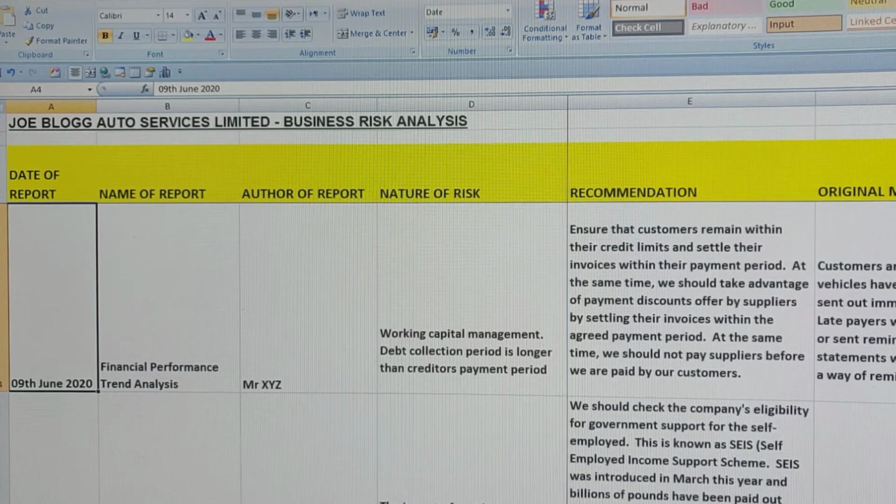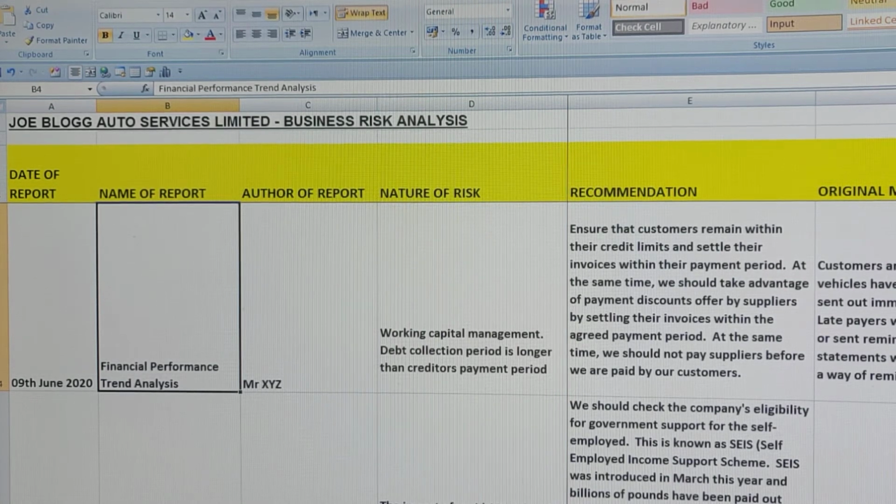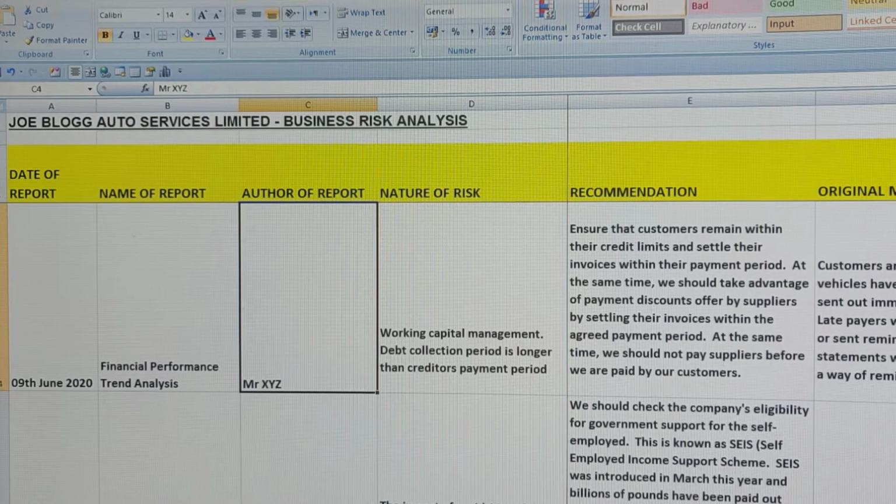Okay? Several columns. You need to show the date of report. I wrote the report on the 9th of June, and I will show you the report in a minute. You also need to give it a name, financial performance analysis or trend analysis. You are the author of the report, Mr. XYZ.